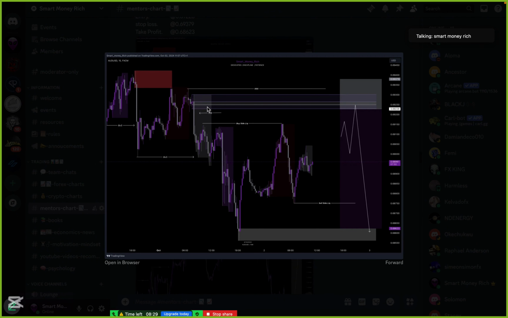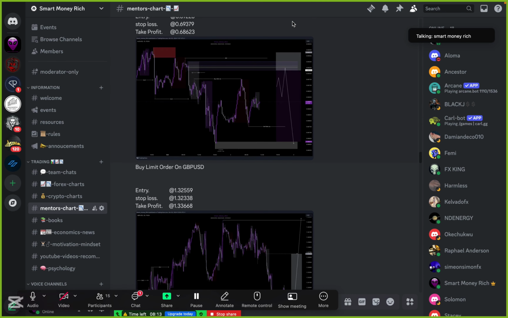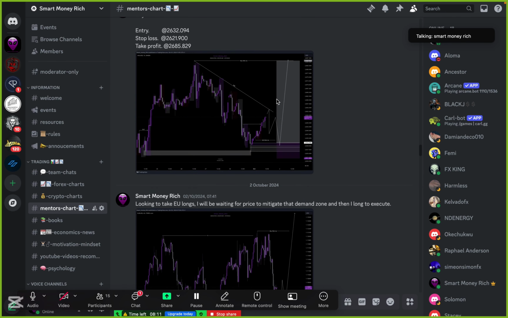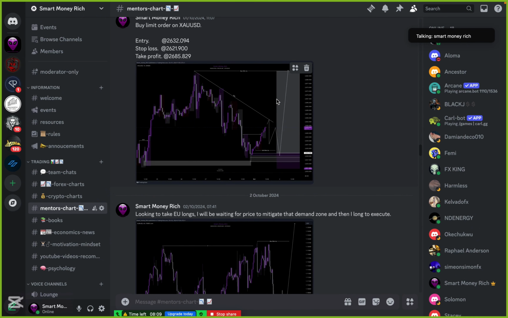Now, this zone that this entire move to the downside started from is considered to be an unmitigated zone until price fully returns back to it. We always use these unmitigated supply or demand zones for our entries.